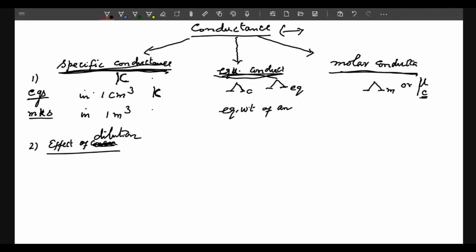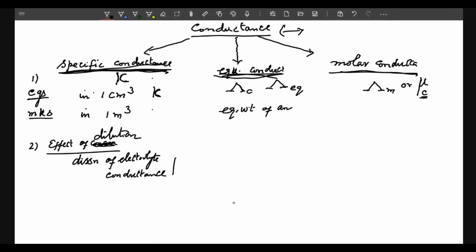Upon dilution, first effect in the case of specific conductance, the dissociation of the electrolyte increases. If the number of ions automatically increases, therefore conductance increases.